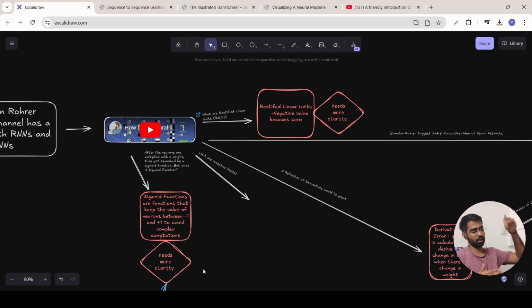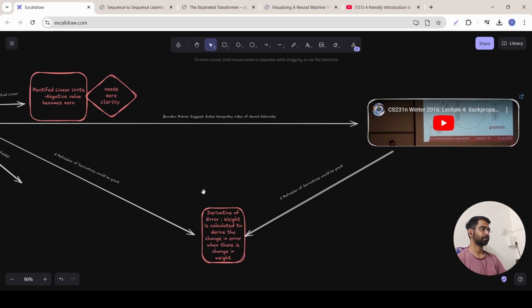So again, we are one step below deep neural networks. If I want to understand neural networks thoroughly, then I have to get a good understanding of these terms. My mind should be clear about concepts like sigmoid functions, rectified linear units, and derivatives, which are obviously very important.